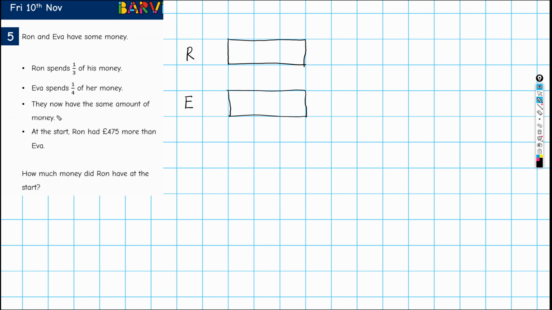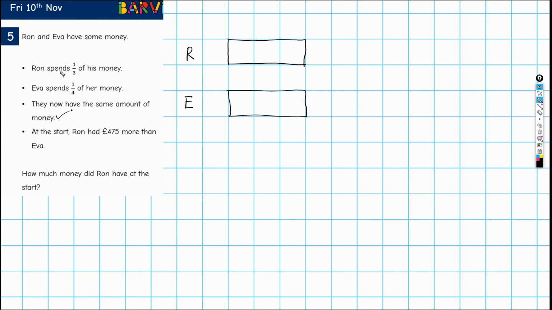What else are we told then? Well, we were told that Ron's spent a third of his money. Eva spent a quarter of hers. Now, as ever with word problems like this, you've also got to think of what's the flip side of what you're being told.